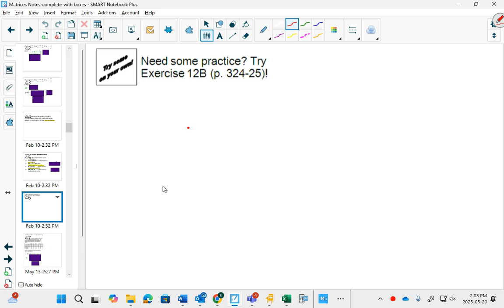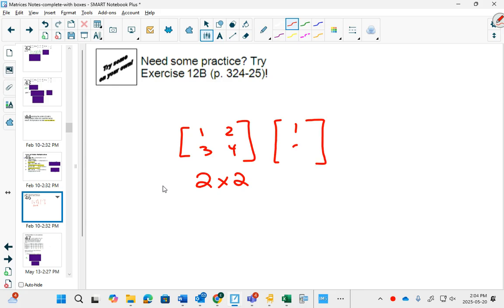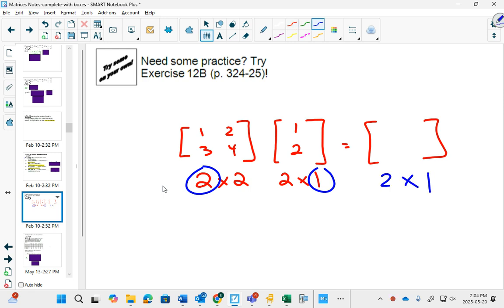So if I took a 2 by 2 and multiplied it by a 2 by 1, my answer would be the size of the outside one, which would be a 2 by 1. So now I have two spaces that I need to figure out.